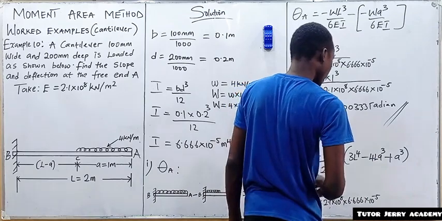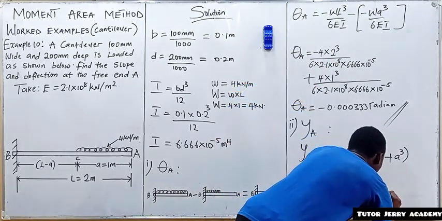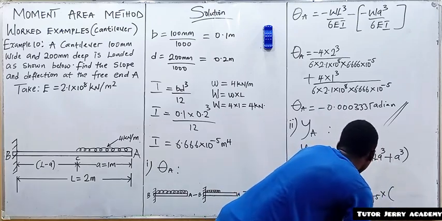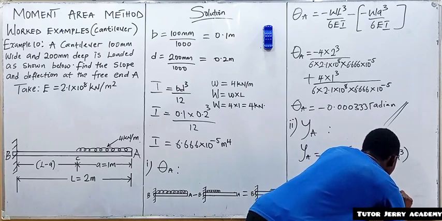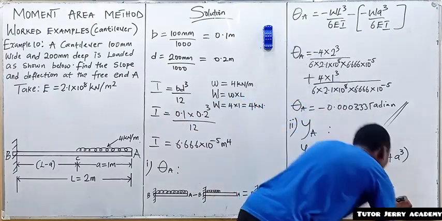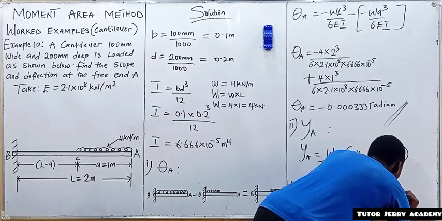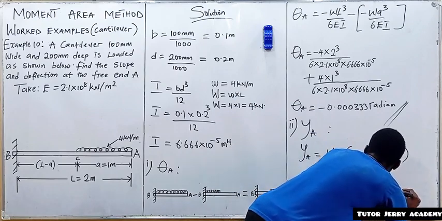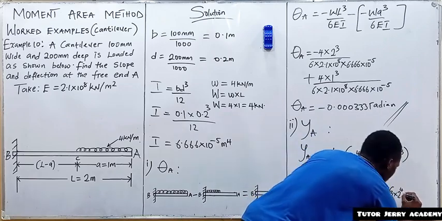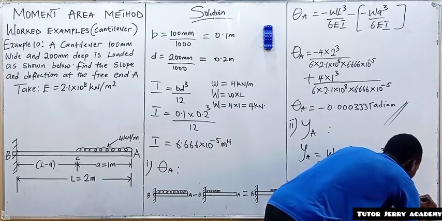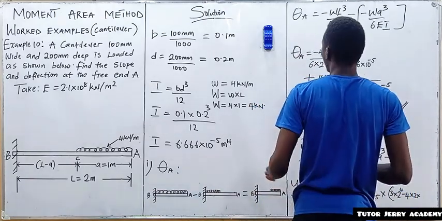Then we have the bracket: 3 multiplied by L, which is 2 meters, all to the power of 4, minus 4 multiplied by 2 multiplied by A to the power of 3.